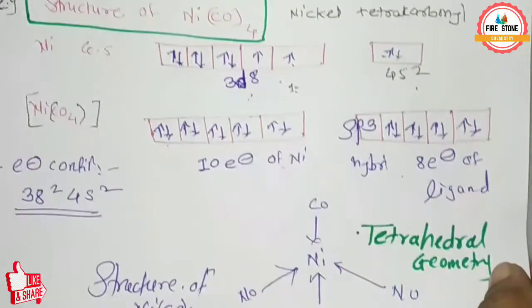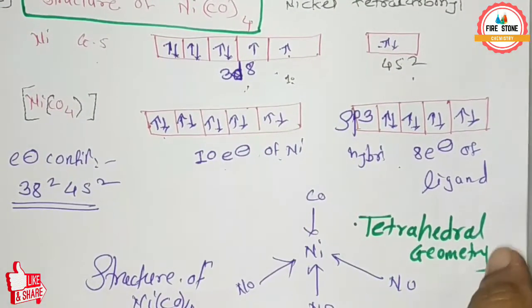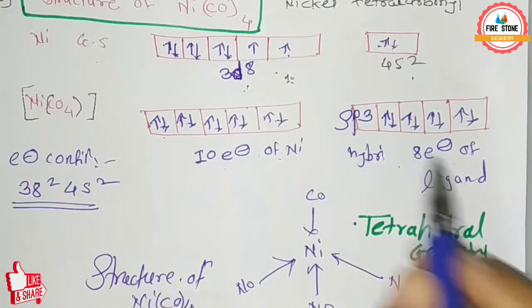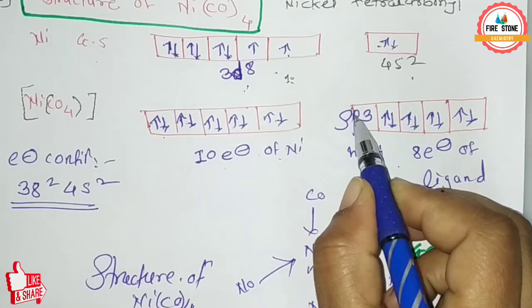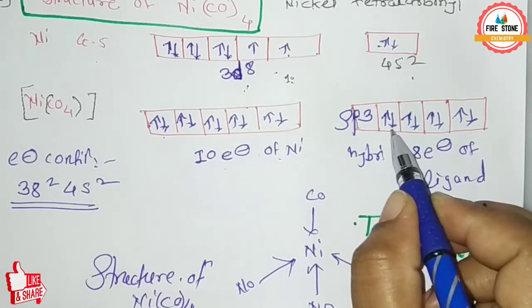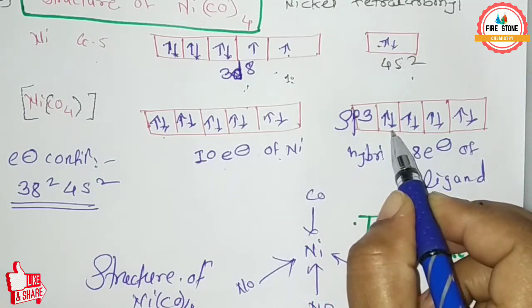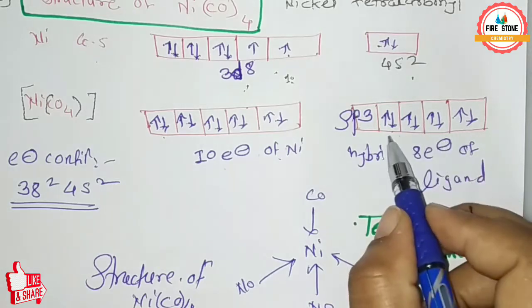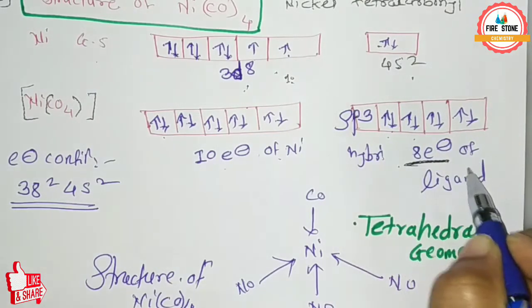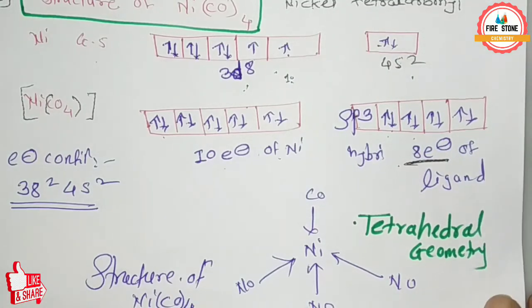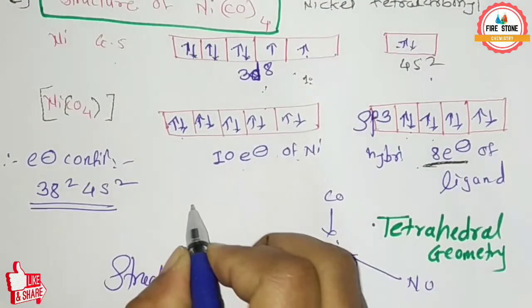So again we see here that the hybridization is sp3, that is, the electrons are paired up and the 8 electrons come from the ligands. CO is a 2 electron donor ligand.